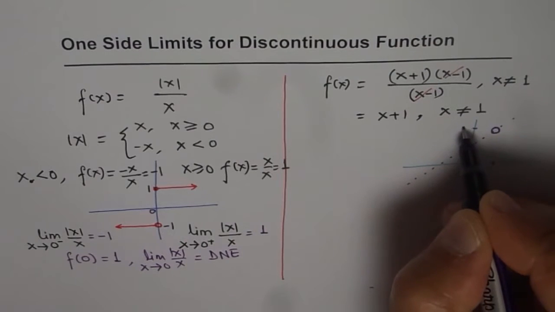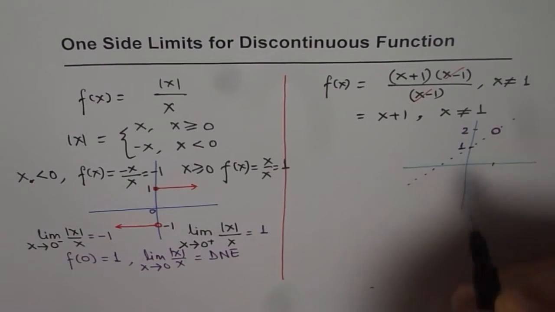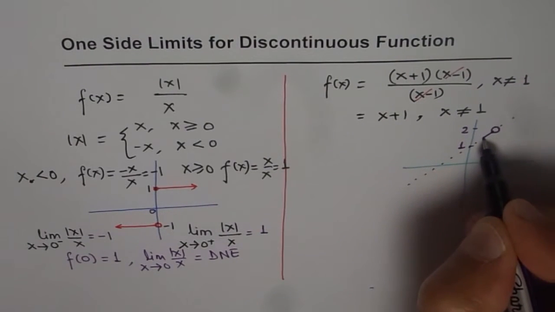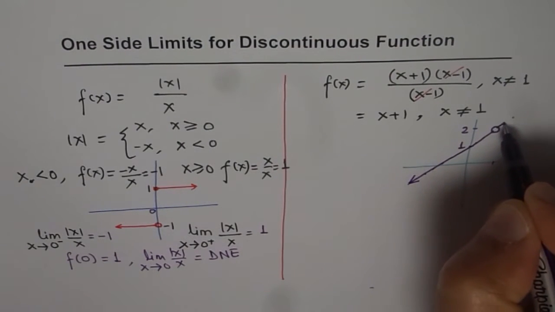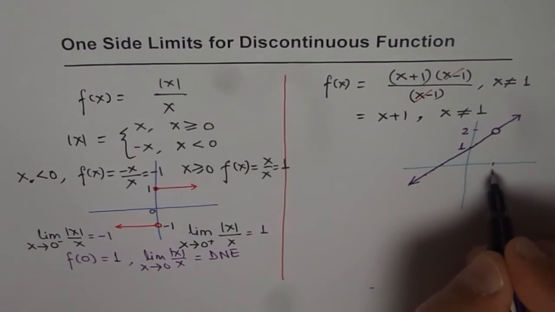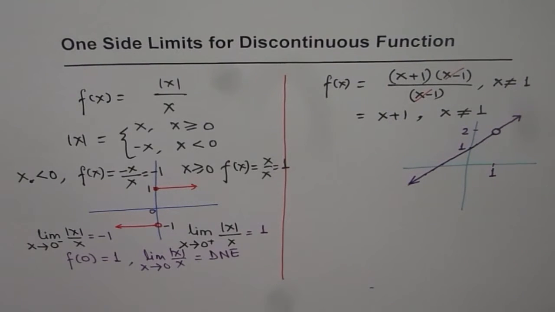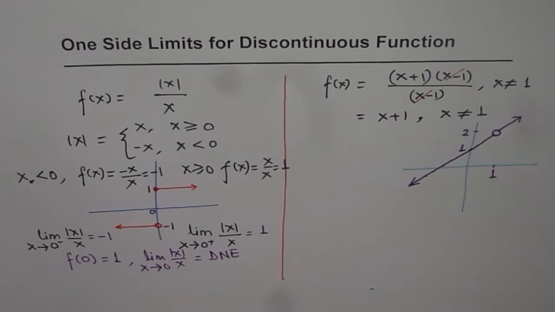And this point will be 2, correct? If this point is 1. So let me just sketch it. This is how the function is going to be, and at 1 we have a hole, right? So it's a rational function where we have one common factor in numerator and denominator. Since that factor cancels out, we have a hole.